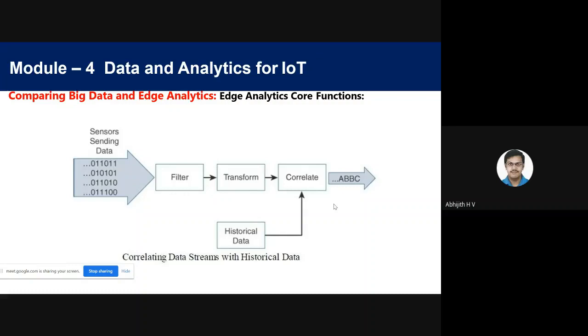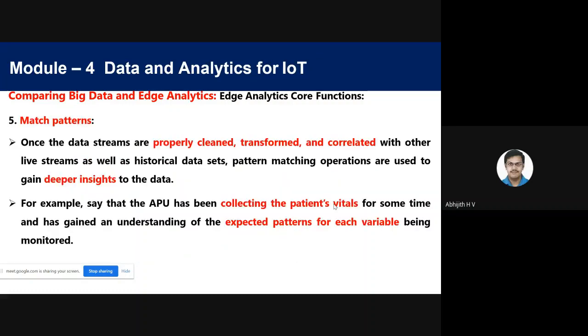Along with filter, transform, correlation, and timing, we have a few more operations. They are matching the patterns. There may be certain patterns. For example, if the oxygen level is below some value, it indicates something a bit dangerous.